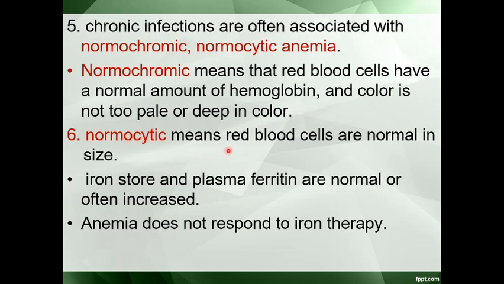Normocytic means that the red blood cells are normal in size. Iron stores and plasma ferritin are normal or often increased, and the anemia does not respond to iron therapy. So whenever you get normocytic, it means that the anemia does not respond to iron therapy.